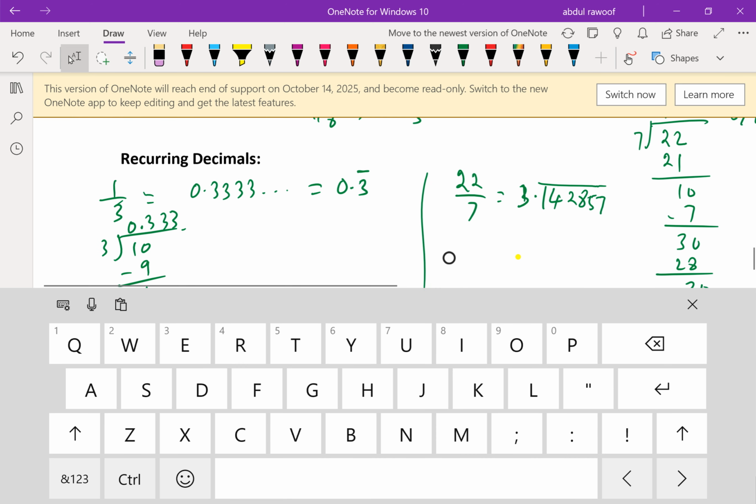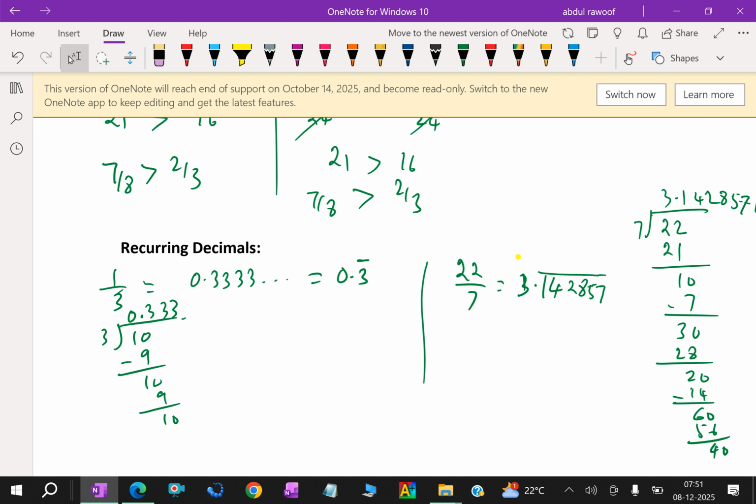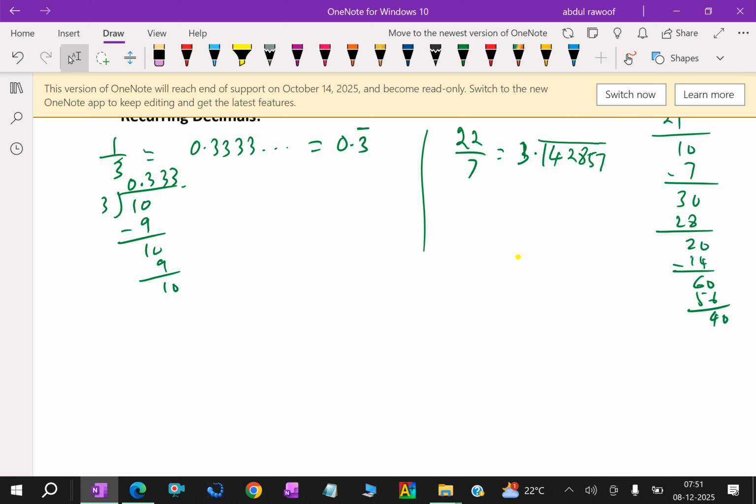A pure recurring decimal is a decimal fraction in which the figures after the decimal point are repeated. Converting a pure recurring decimal into a vulgar fraction: suppose this is 0.5 with the 5 recurring, which gives the vulgar fraction 5/9.